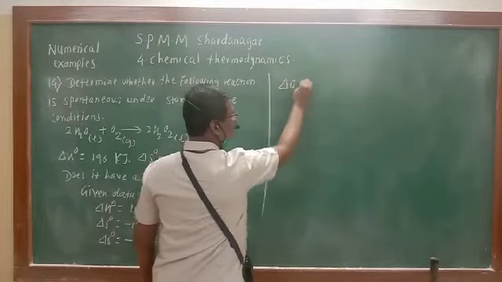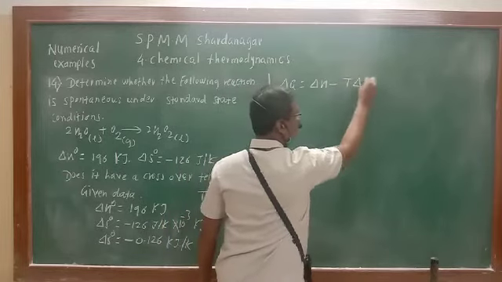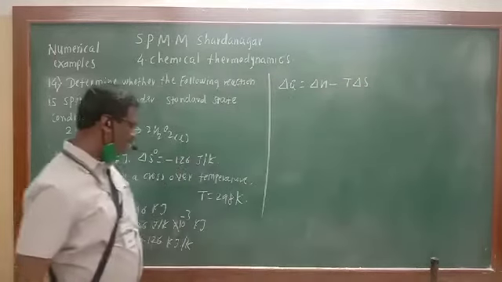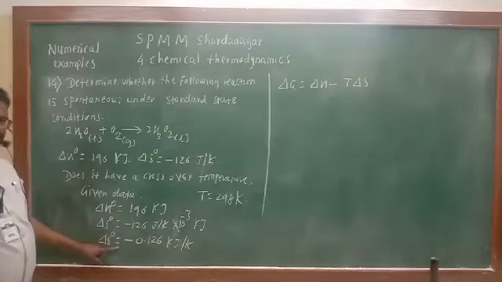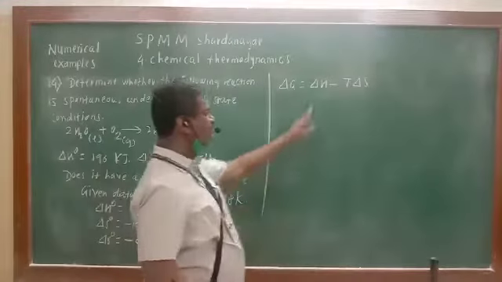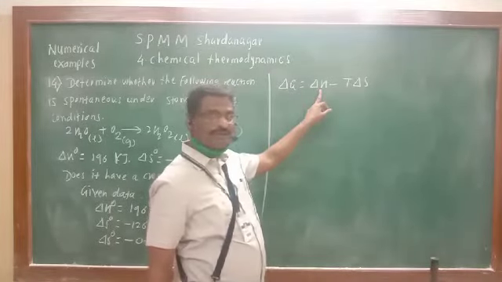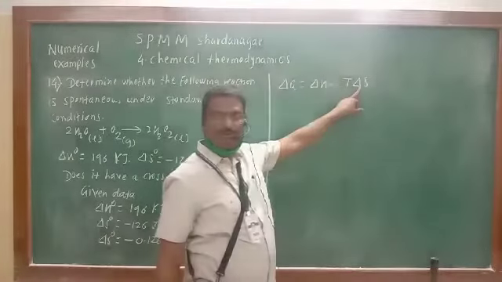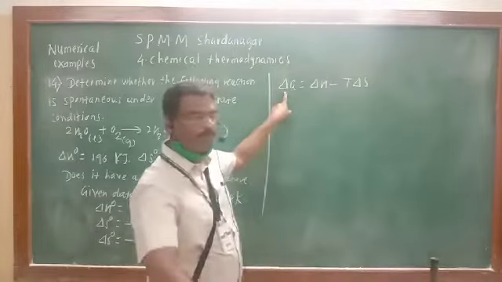Delta G will be equal to delta H minus T delta S. Delta G we have to calculate; delta H and delta S are known, and temperature is also known. Since this is positive, the process is non-spontaneous; this is negative, the process is non-spontaneous; so this answer should be positive.